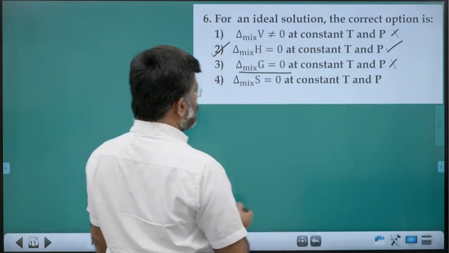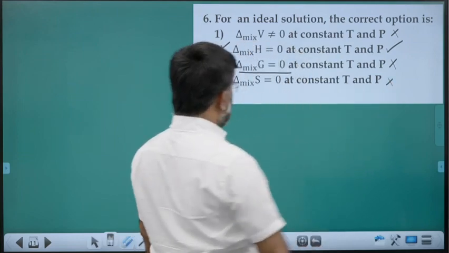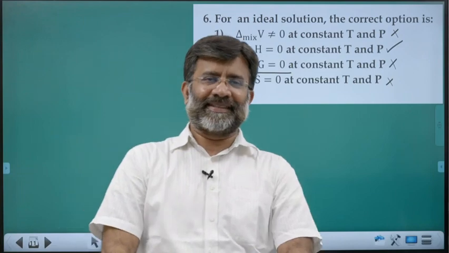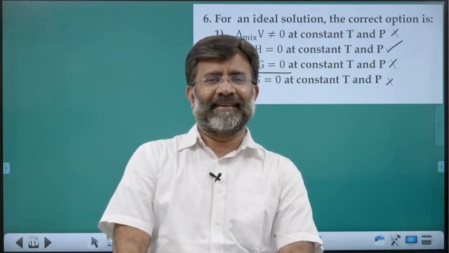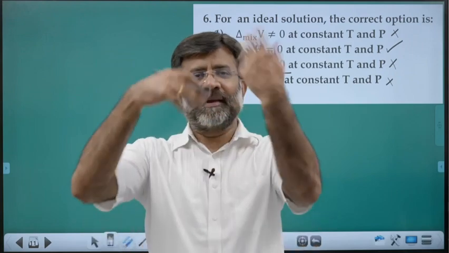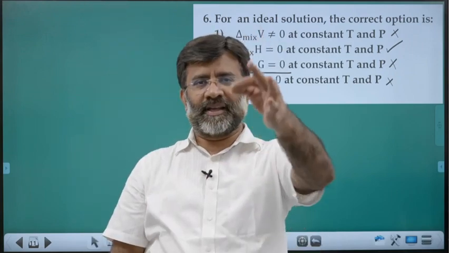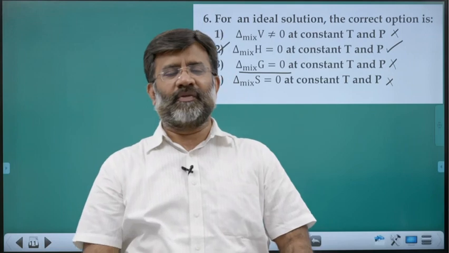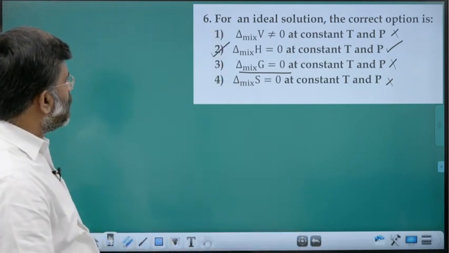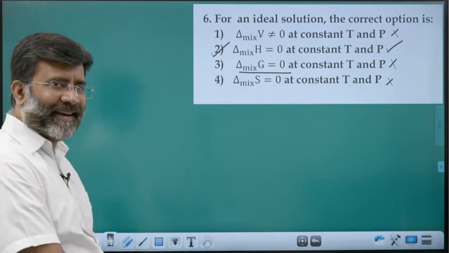Delta S mixing is 0? That is wrong. When you mix, entropy increases. Delta S mixing is positive during the formation of a solution. So all the statements are false except the second one. Okay, next question.